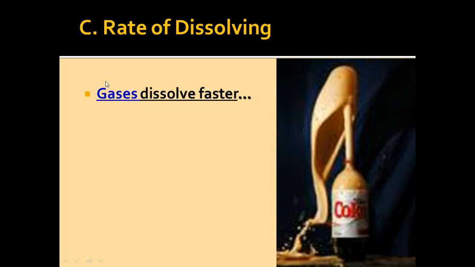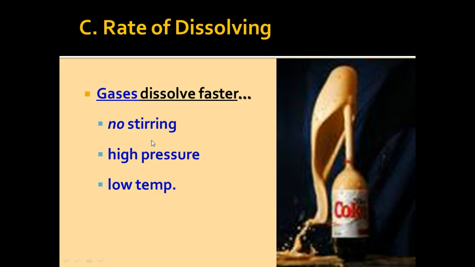Gases are weird, and so gases dissolve faster when there's no stirring, high pressure, and low temperature. And so notice how no stirring and low temperature are exact opposites of what I said with the solids, but high pressure is not opposite, it's just special.